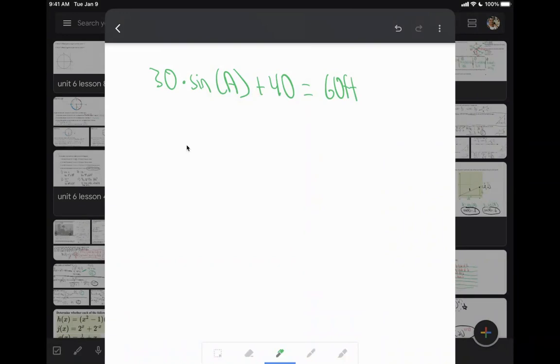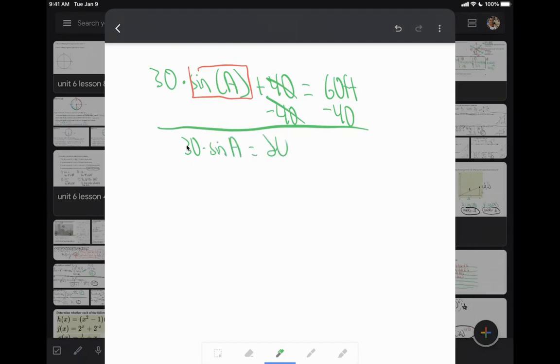Okay? So to do that, I'm going to solve this equation for sine of A. So the first thing I'm going to do is subtract 40. And I'm going to get 30 times sine of A equals 20.